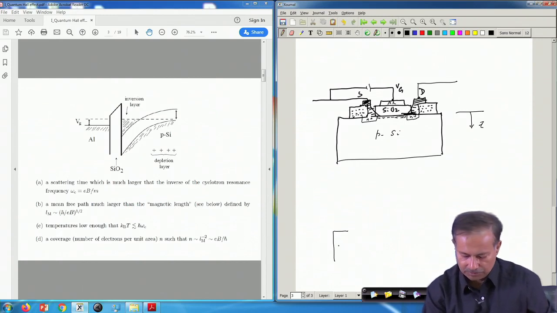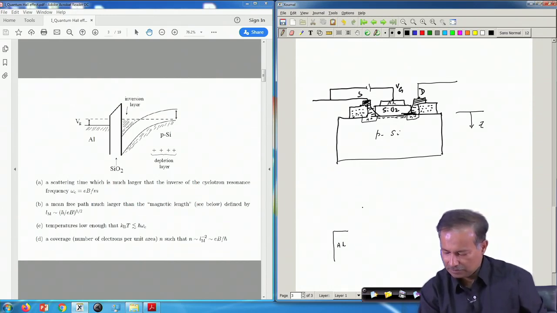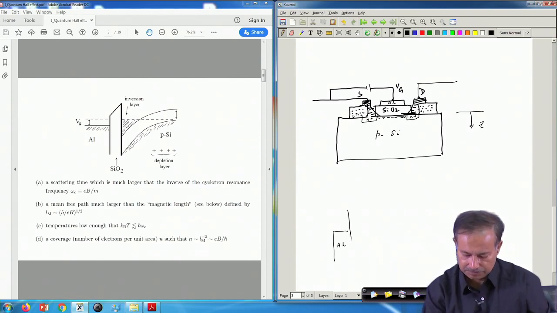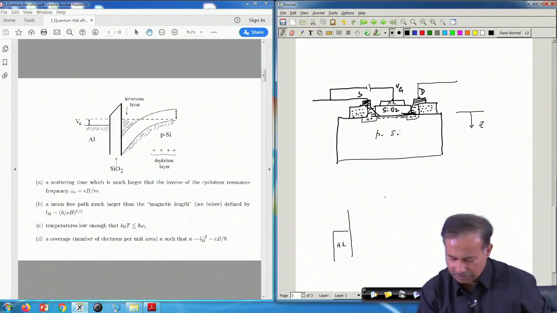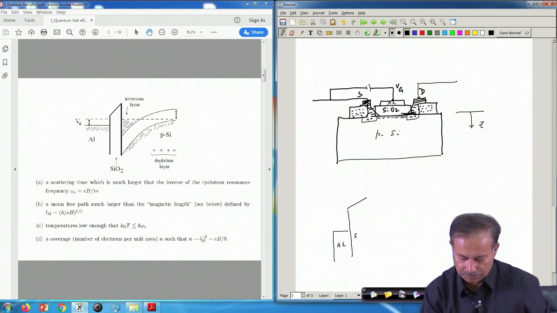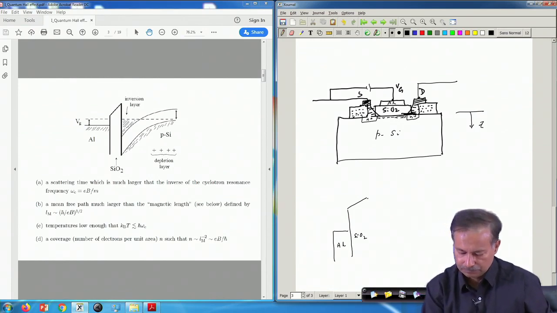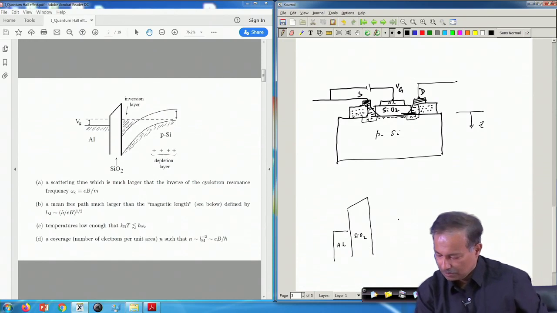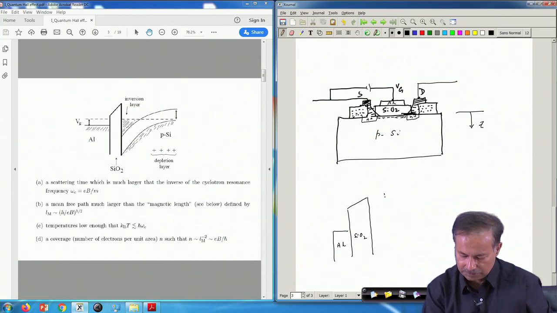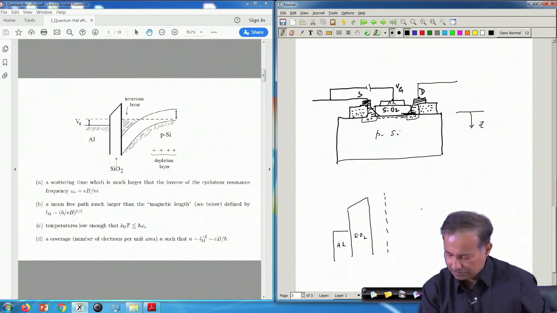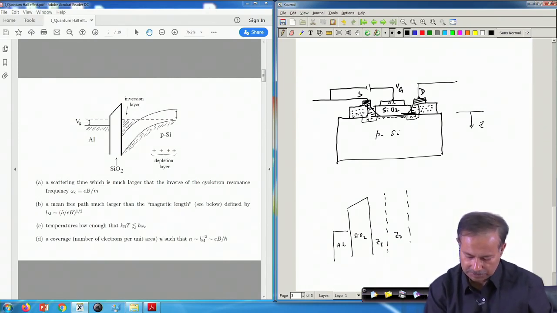This is my aluminum gate, this is the SiO2 layer, and then there is a region called the inversion region, and there is a depletion region Zd, which is like this.